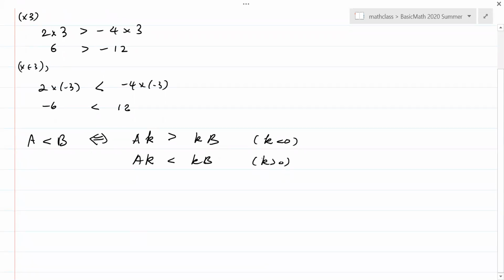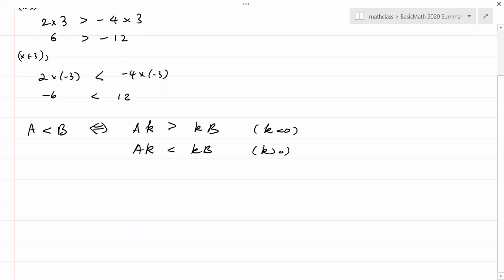K could be a fraction, then it becomes division, right? So that's the key point. It's easy to make mistakes, and you sometimes forget to change the direction of the inequality.